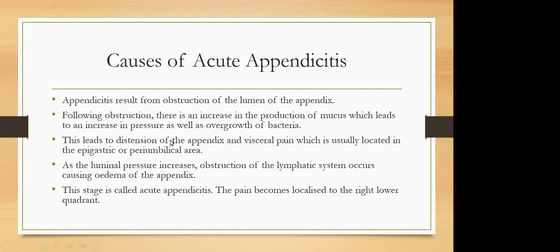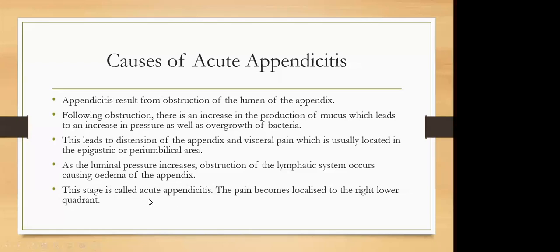This leads to distension of the appendix, and the visceral pain is usually located in the epigastric or periumbilical area. As the luminal pressure increases, obstruction of the lymphatic system occurs, causing edema of the appendix.